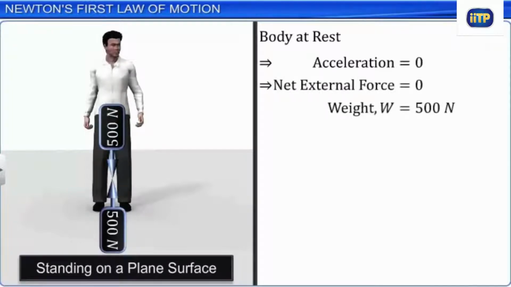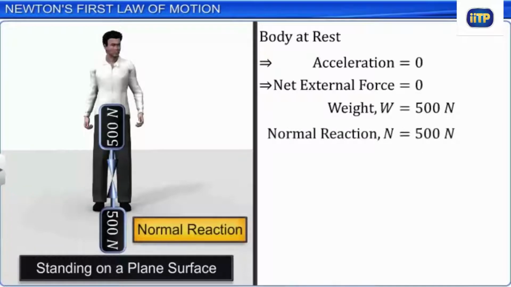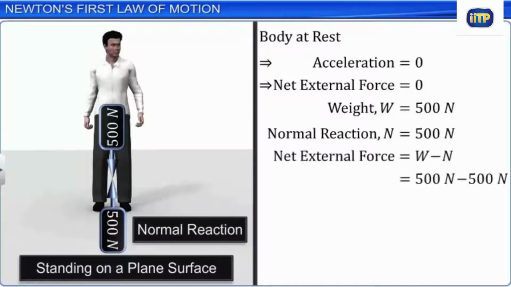This force is the normal reaction between your feet and the surface of the ground. While attempting to answer the first question, you have also answered the second question. The answer to the second question is net external force acting on you is zero.